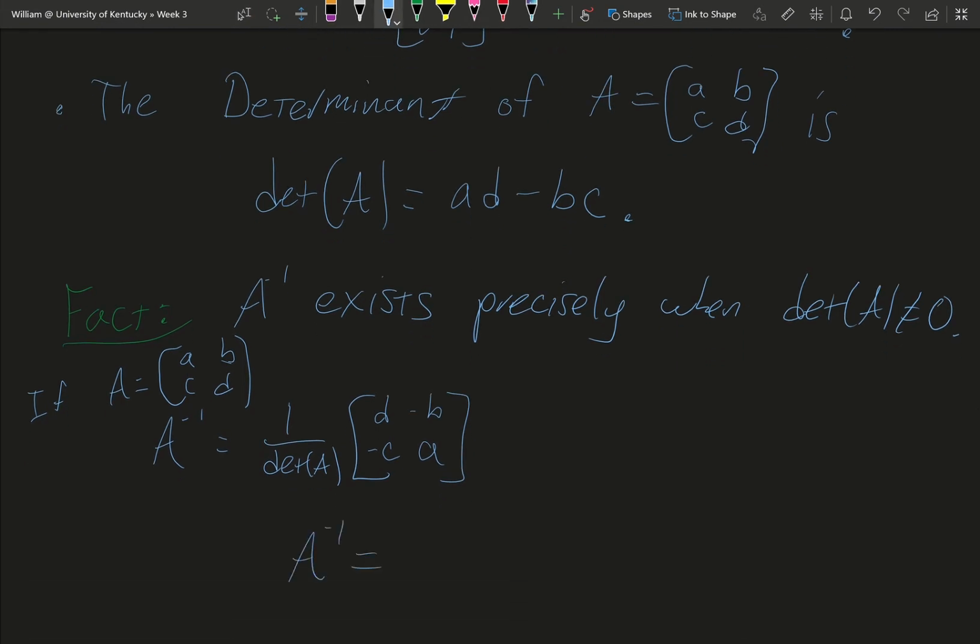So to use the formula for the determinant over here, AD minus BC, D, A, negative B, negative C. Okay. So here's our formula for A inverse if A is A, B, C, D.